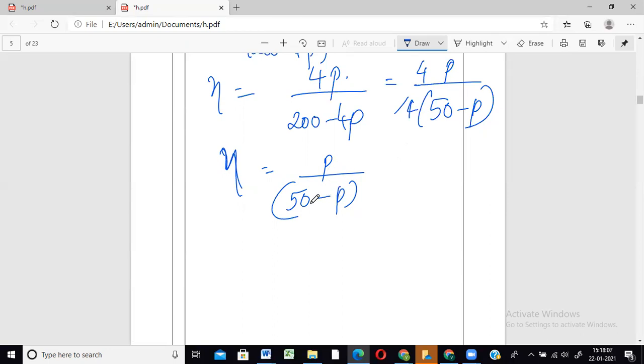Are you understanding? Suppose the value of p is greater than 50, say 51, I'm just taking the next value after 50. So if this is 51, the denominator will be 50 minus 51, that will be negative, correct? So that will become a negative value.